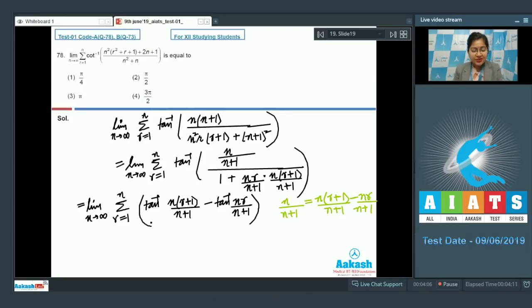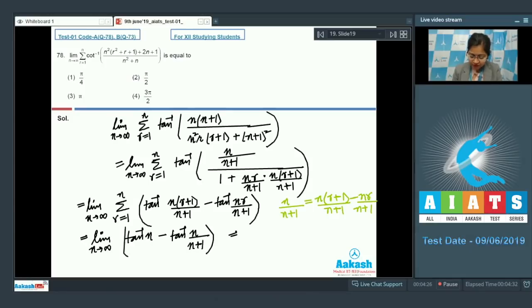Here it can be seen that r is going from 1 to n. So cancelling the terms, we will get it equal to tan inverse n into (n plus 1) upon n plus 1, that is tan inverse n, minus tan inverse n upon n plus 1, putting r equal to 1.